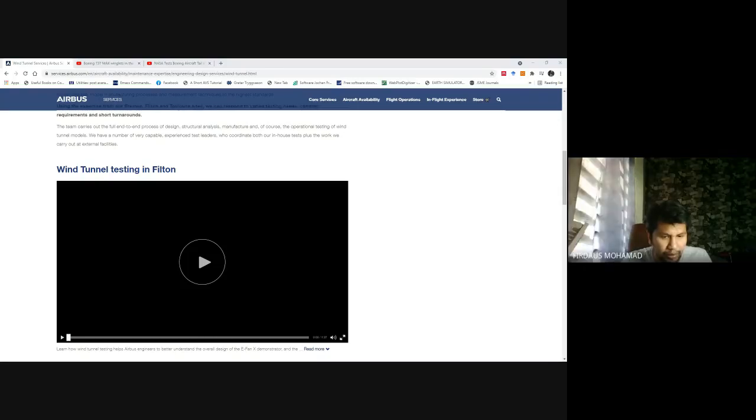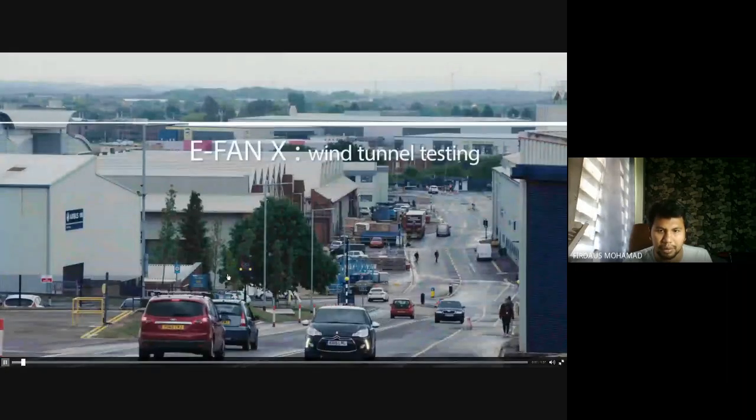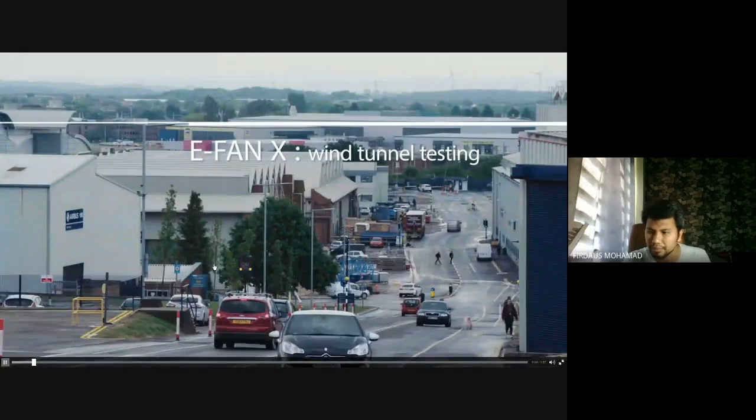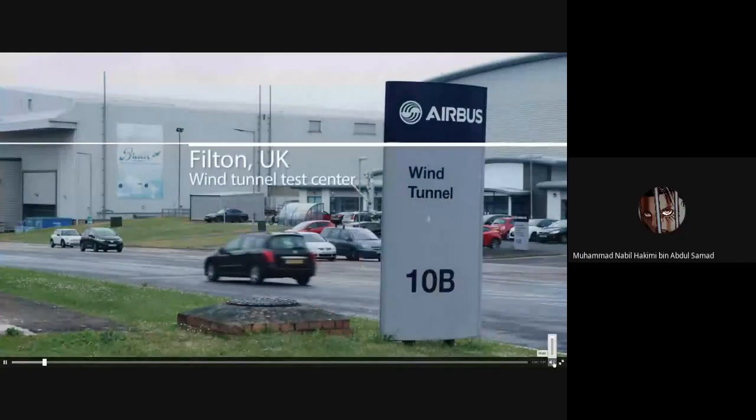So ni saya nak tunjuk contoh. Okay, saya play ya. Tengok dulu, ni contoh dekat Airbus macam mana dia punya wind tunnel section, macam mana dia scale down dia punya aircraft. Boleh nampak full screen? Boleh.